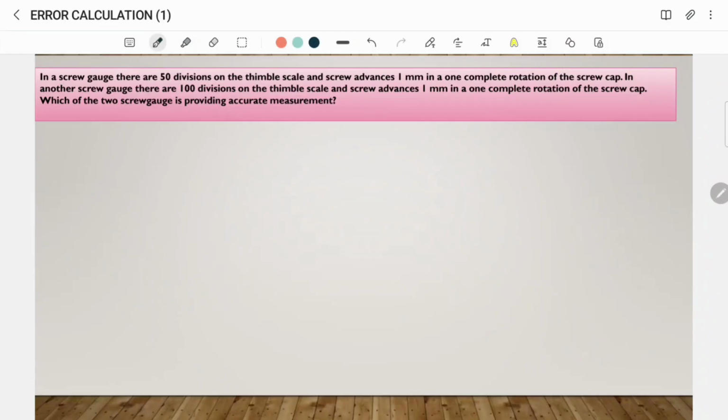In a screw gauge, there are 50 divisions on the thimble scale. The screw advances 1 millimeter in one complete rotation of the screw cap. That means our pitch is 1 millimeter. In another screw gauge, there are 100 divisions and the screw advances 1 millimeter in one complete rotation of the screw cap. So here also the pitch is 1 millimeter. But the least count changes.